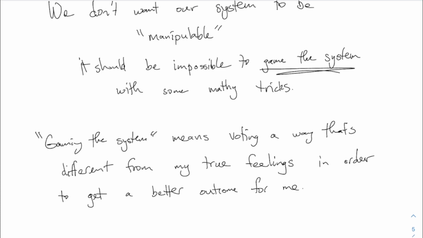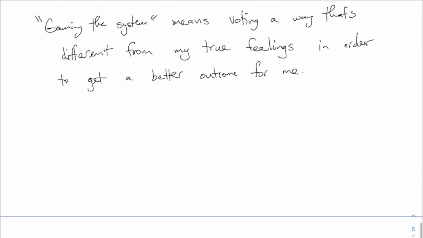For the purposes of our conversation, this is what counts as gaming the system. When I say that, what I mean is when somebody has an idea in their mind of how they truly feel about the candidates, but they decide for other reasons, for mathematical reasons, to vote in a different way because they think that their vote is going to count differently if they vote some other way. It means voting in a way that's different from my true feelings in order to get a better outcome for me.